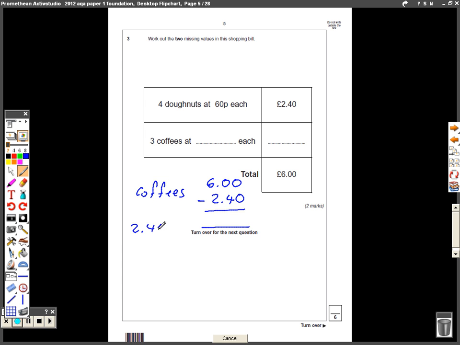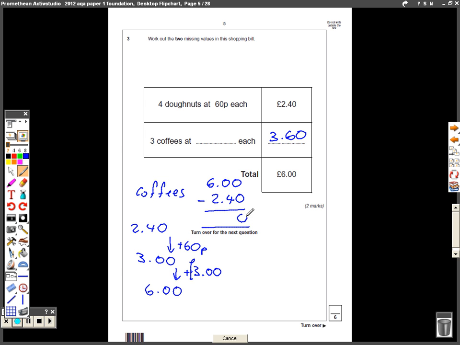If I was counting up from £2.40, then I could add on 60, that would give me £3, and then I could add on £3, and that would give me £6. So in total, that would be £3, add the 60p. So it's definitely going to be £3.60.